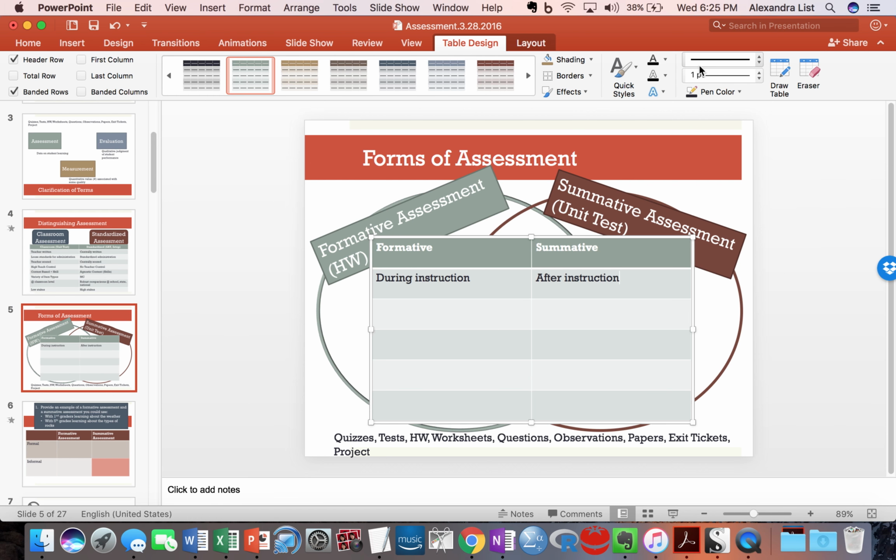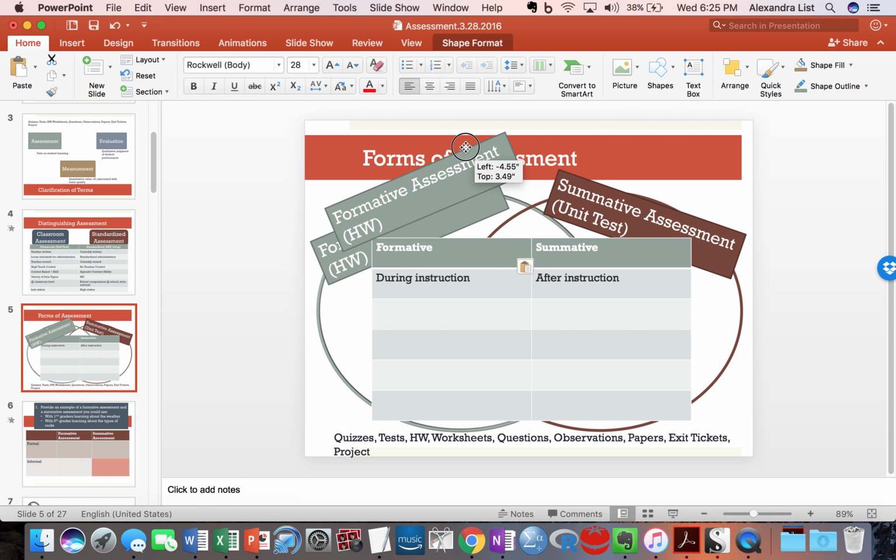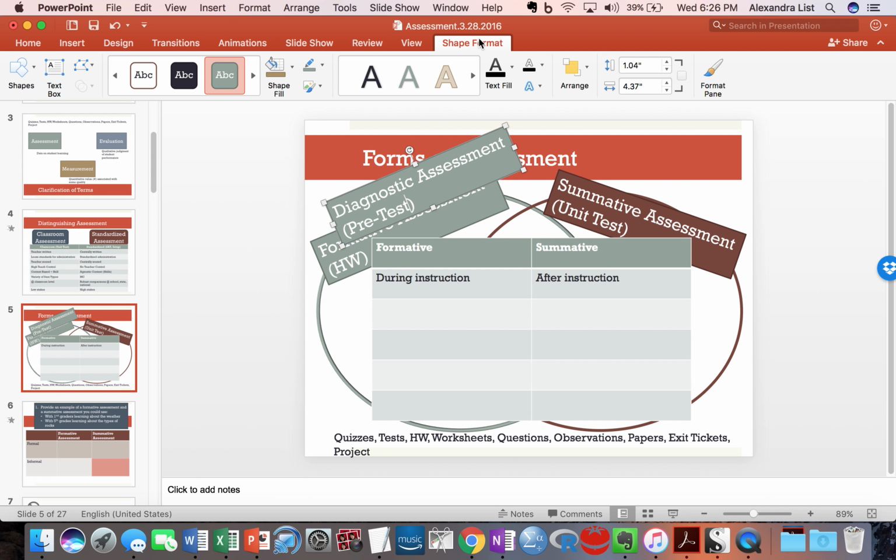And I don't have the term here, but we can actually talk about a third type of assessment, which is diagnostic assessment, which is another way of saying a pretest. Think about what we mean when we say a doctor giving you a diagnosis. Diagnostic assessment happens before instruction. So before I teach you any new content, I can give you a pretest to see what you already know and to help me plan for instruction.